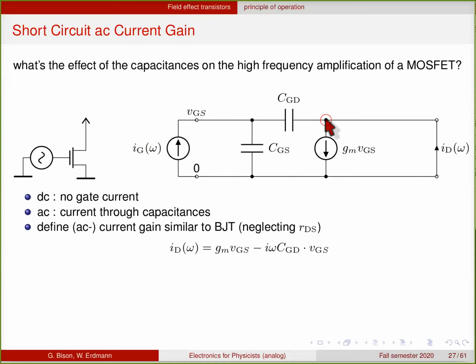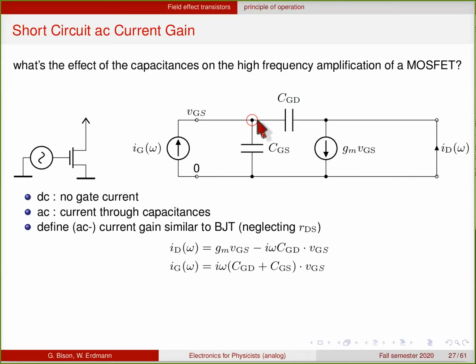So let's look at the current balance in this node. The drain current is equal to the transistor action, so gm times the gate voltage, minus the current that flows through this capacitance, which is the gate source voltage divided by this impedance, and the impedance is 1 over i omega C. So this is the current balance in this node.